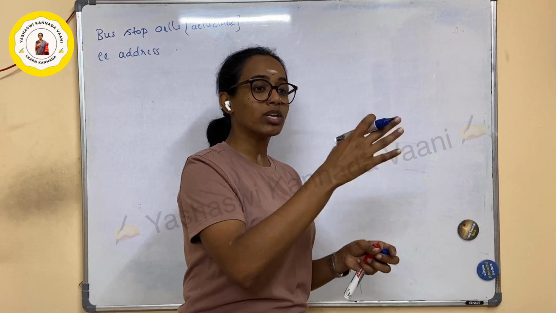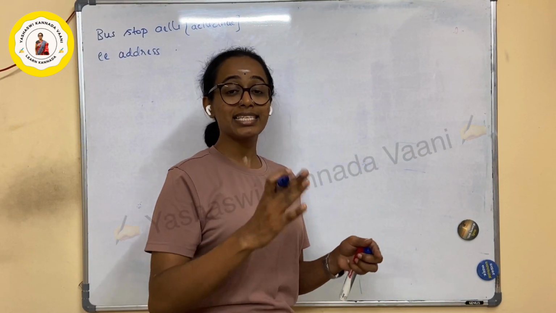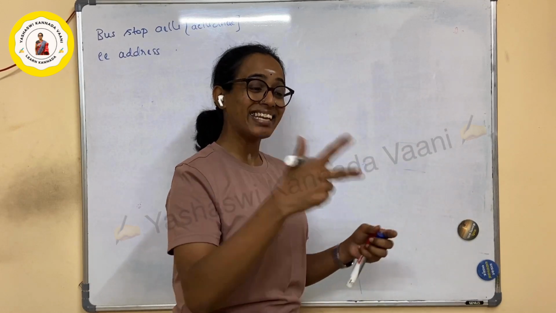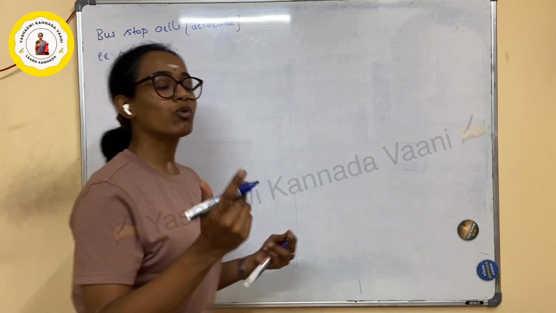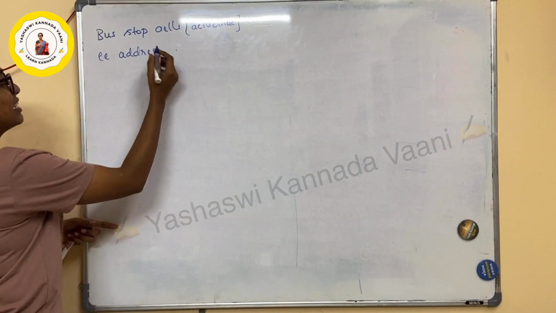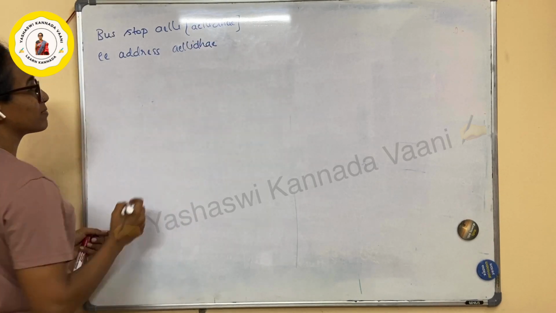Do not say idu restaurant yellide, that is completely wrong grammatically. Instead say e restaurant yellide, e theatre yellide, e laptop yellide. That would be a much more precise answer. So e address yellide. Where is this address?